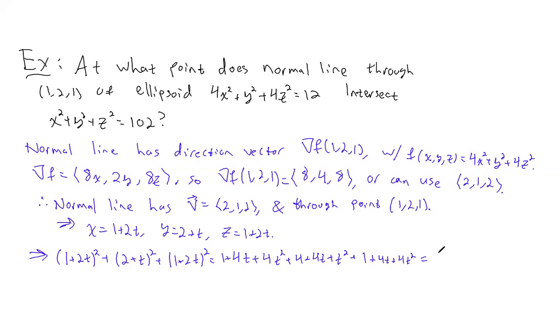Combine all of that together, you get 9t squared plus 12t plus 6 is 102. I'm sorry, not plus 3, plus 6, excuse me.